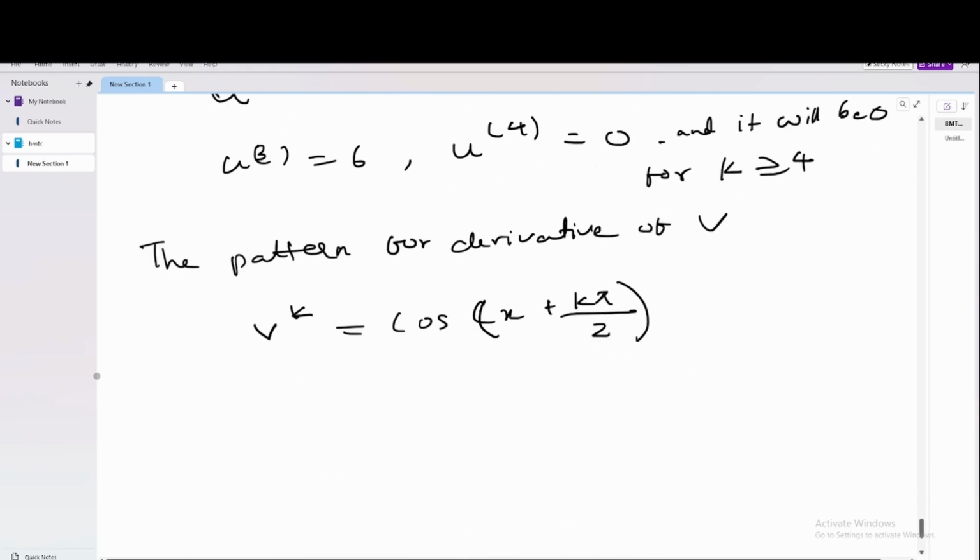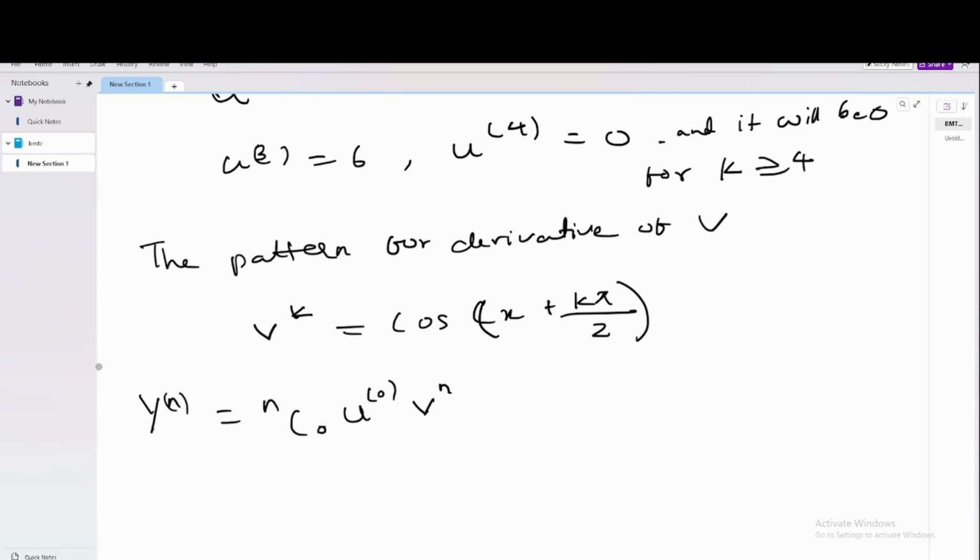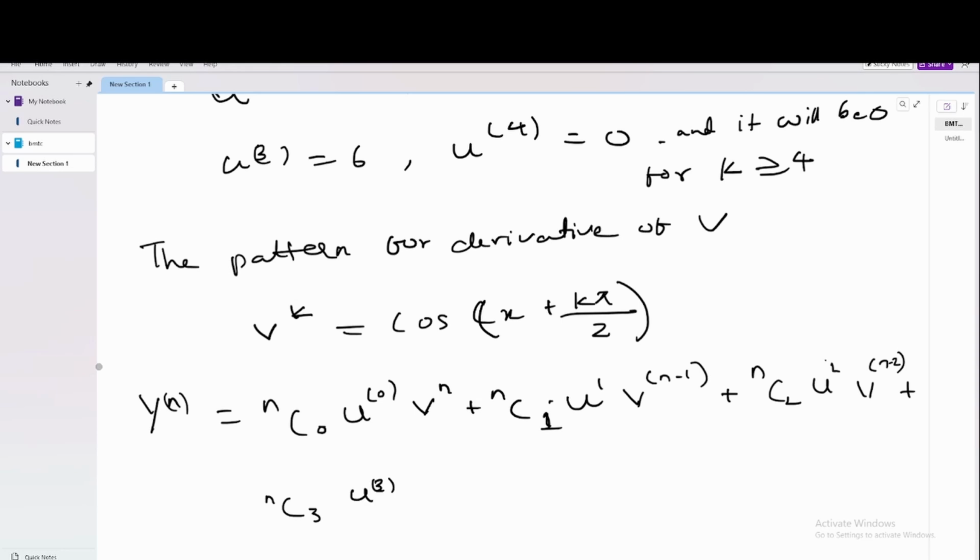Now we put the values. nC0 u0 v raised to n, plus nC1 u raised to 1 into v raised to n minus 1, plus nC2 u square v raised to n minus 2, plus nC3 u raised to 3 into v raised to n minus 3.